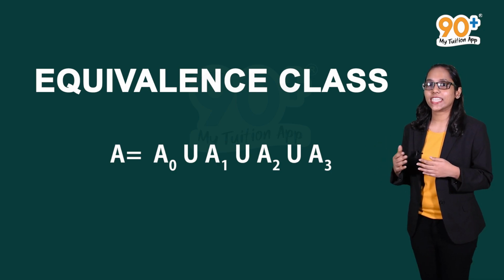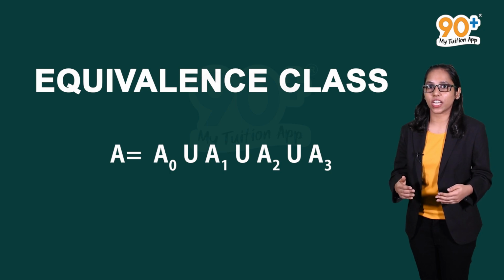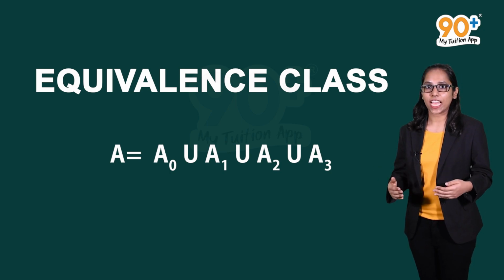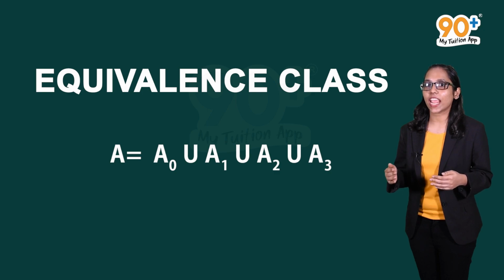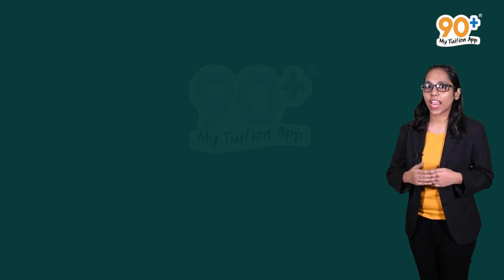From this, we can say that 0 is an element of A0. That is, all the elements of A0 are related to itself. That is, all the elements of set A0 can be called an equivalence class.